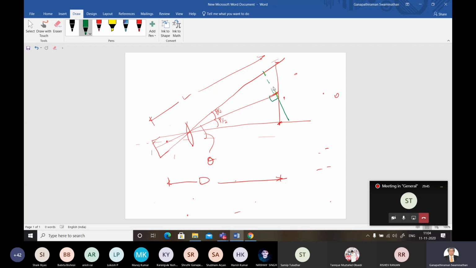This angle is your theta, right? This is 90 degree and this is 90 degree. So what is this angle? This is beta by 2 from 90, so this is 90 plus beta by 2.